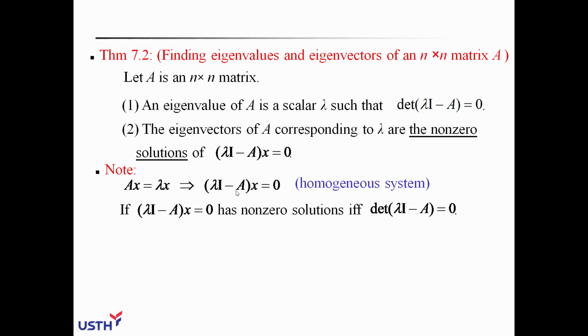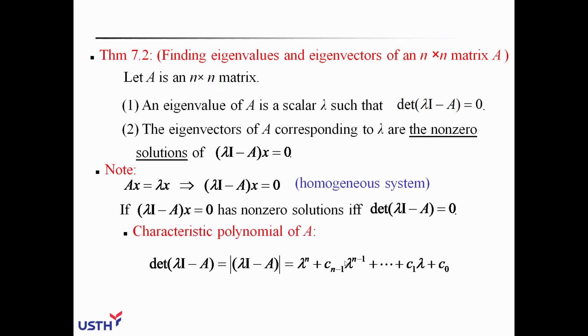It means that we need to find a non-zero solution for this homogeneous system. And we know already that a homogeneous system of linear equations has a non-zero solution if and only if its determinant is zero. That is the reason why we need to find lambda satisfying that equation.